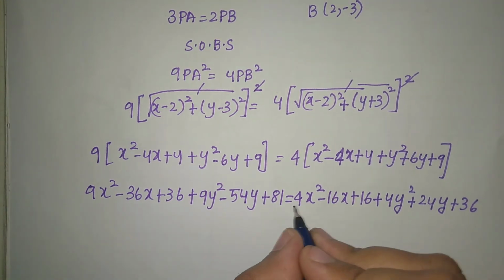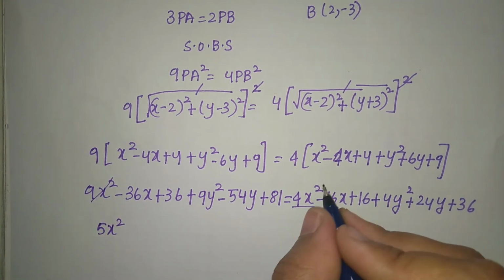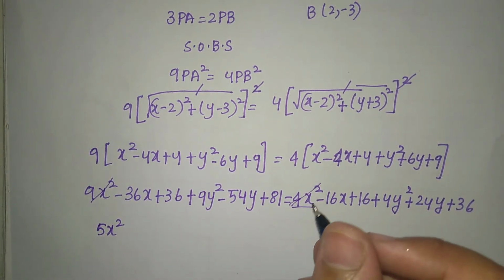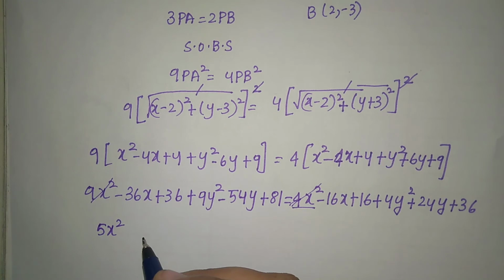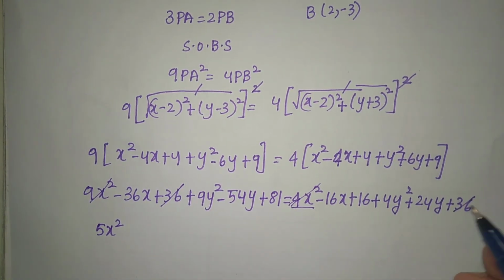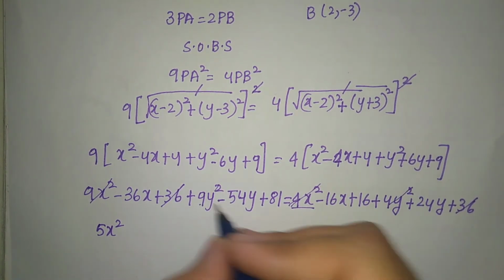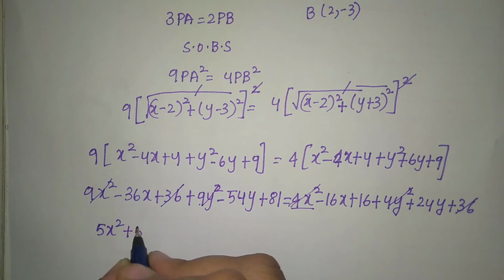9x square minus 4x square, we will have 5x square. Just cancel them lightly so that you will not confuse. So next one is plus 36 plus 36 will get cancelled. And you have 9y square, 4y square, you will have 5y square.